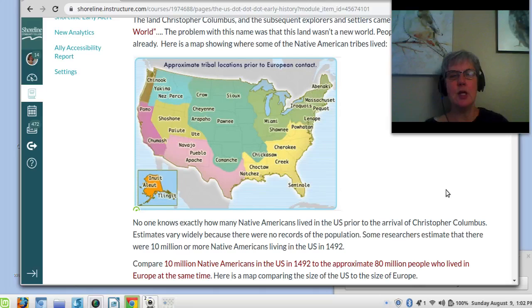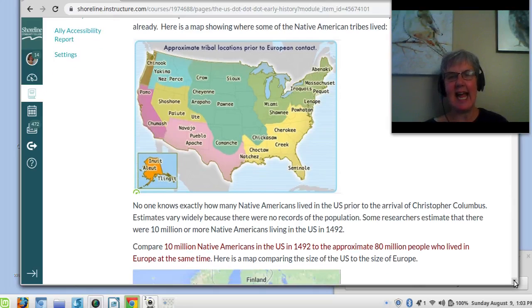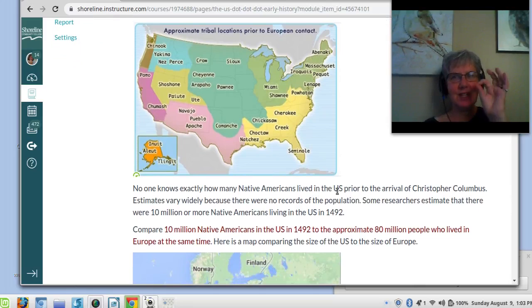Okay. No one knows exactly how many Native Americans lived in the U.S. prior to the arrival of Christopher Columbus. Estimates vary widely because there were no records of the population. Some researchers estimate that there were 10 million or more Native Americans living in the United States in 1492.